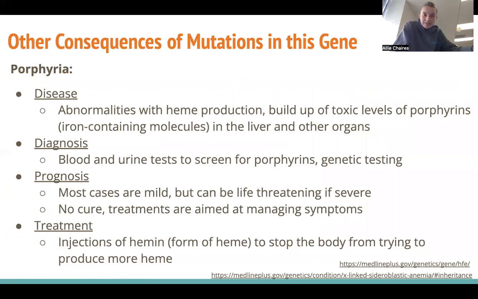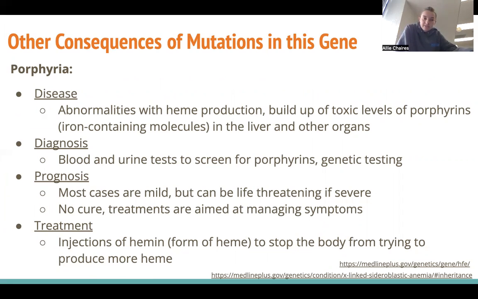Other consequences of mutations in this gene are porphyria. The disease is abnormalities with heme production, buildup of toxic levels of porphins, iron-containing molecules in the liver and other organs.